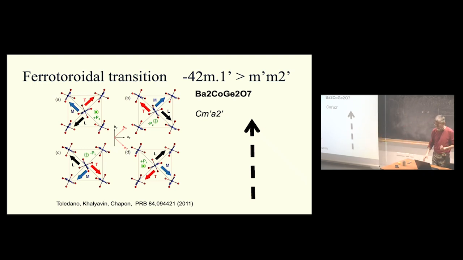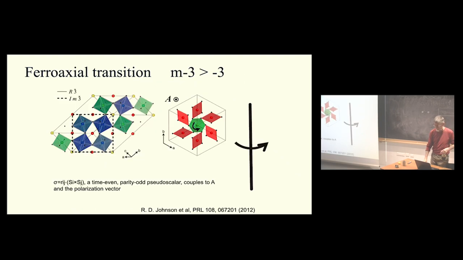Please believe me, we can discuss later if you would like to know more. This is the electric toroidal moment in another compound, by the way, discovered by one of the speakers you will hear next week. So that's something about arrows, scalars, and the description of point group symmetry, playing with symmetry operations.